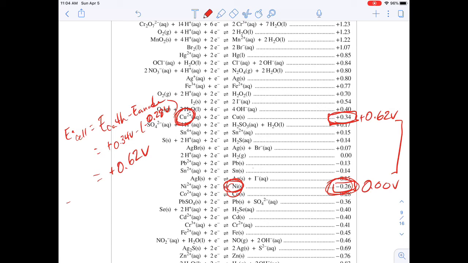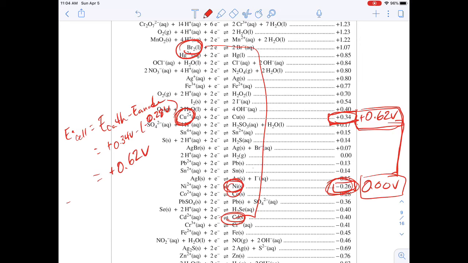If they say, oh, we've changed the reference cell and I've got bromine and I've got cadmium, what's the cell potential? Well, the cell potential is still just the difference between those two things. Just like here, the difference between the copper 2 ion and nickel are exactly the same amount difference, but if this is my reference cell, which means that becomes 0.00, this now is positive 0.62 volts.